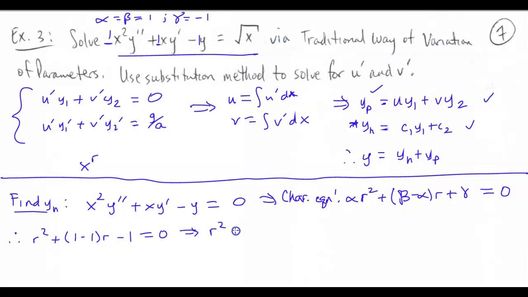So this just simplifies to r squared minus 1 is equal to 0, which means r squared is equal to 1. So that means r is going to be plus or minus 1 for our roots, and therefore our homogeneous solution will be of this form.